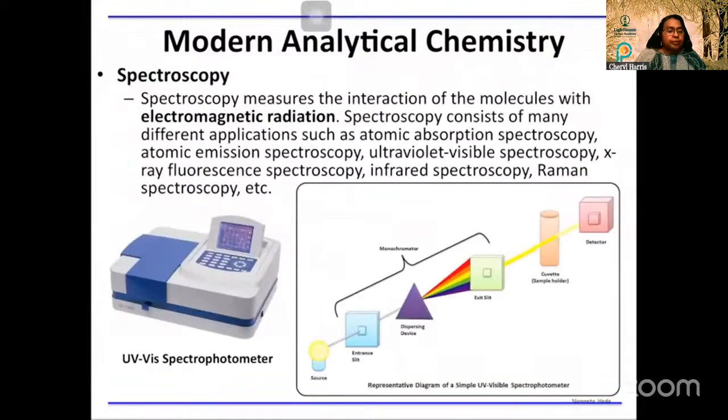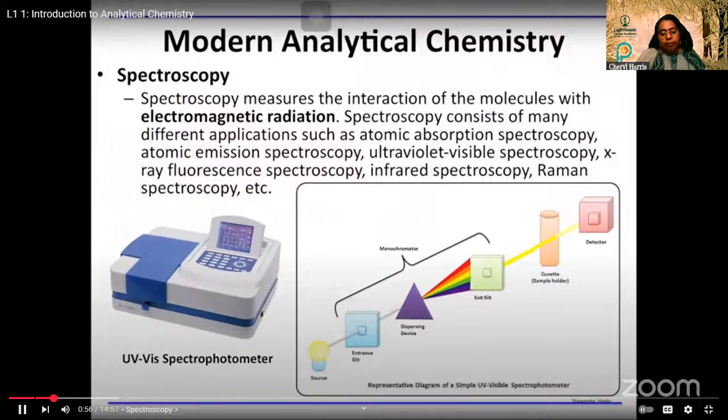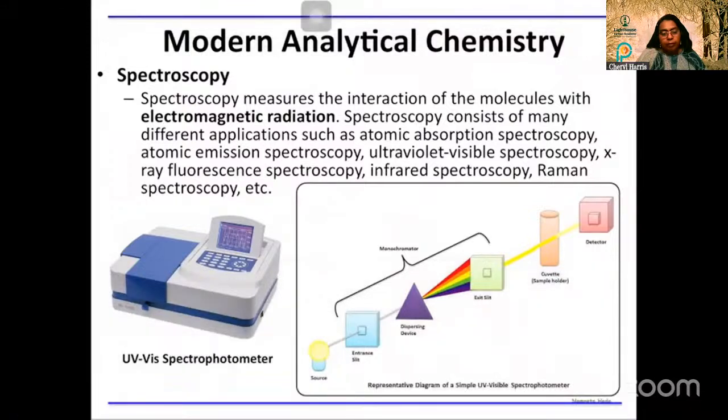One of the most useful tools in instrumental analysis, which you may encounter in your med school, is spectroscopy. Basically, spectroscopy measures the interaction of molecules with electromagnetic radiation or light. The amount of light that is absorbed by your analyte in a solution corresponds to the concentration of your analyte.